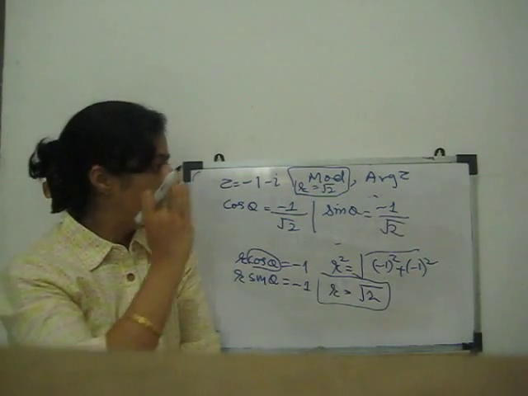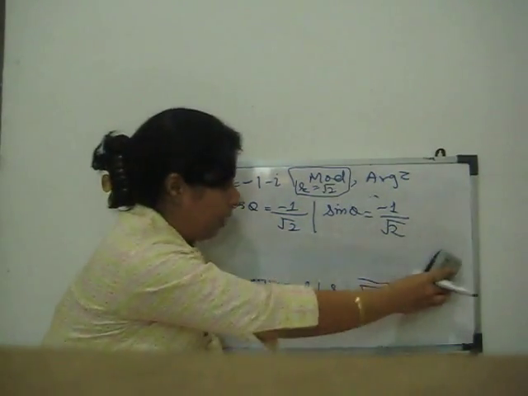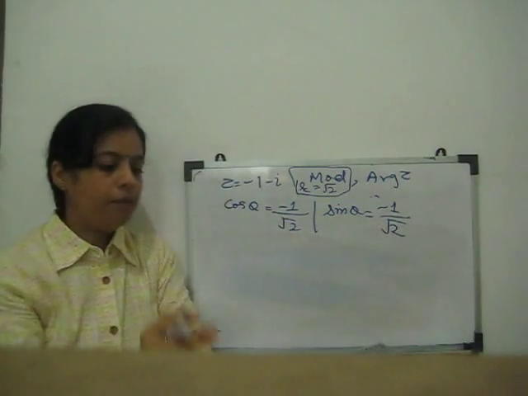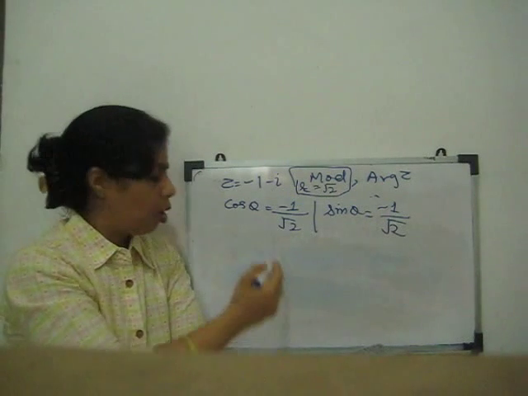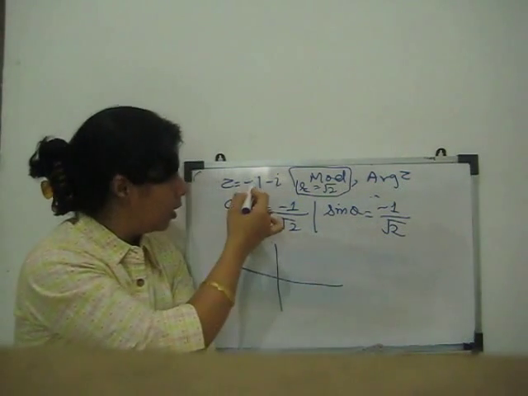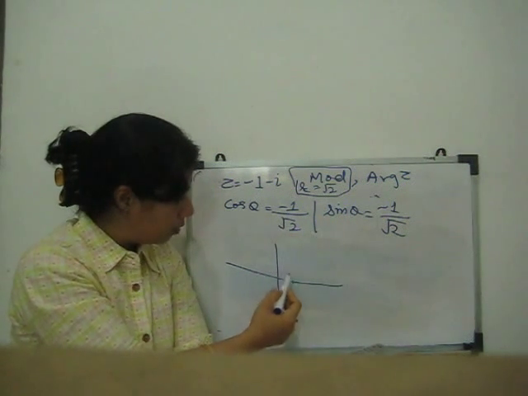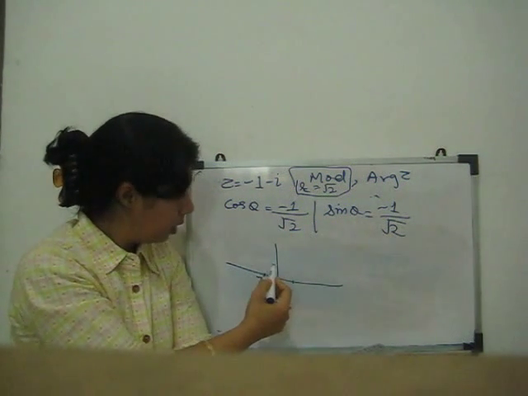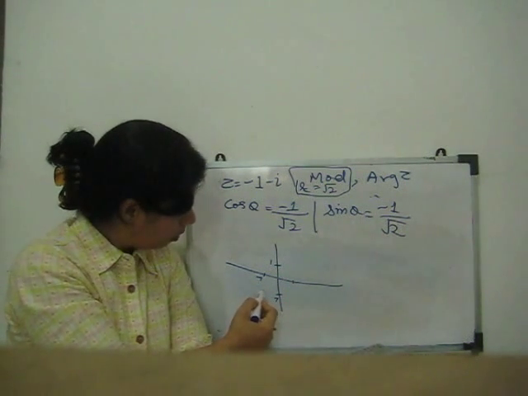Now we have to find where it lies. So how do we find out? See, this number is -1 comma -1: the real part is -1, and the other part is -1. So this is 1, this is -1, this is 1, this is minus.